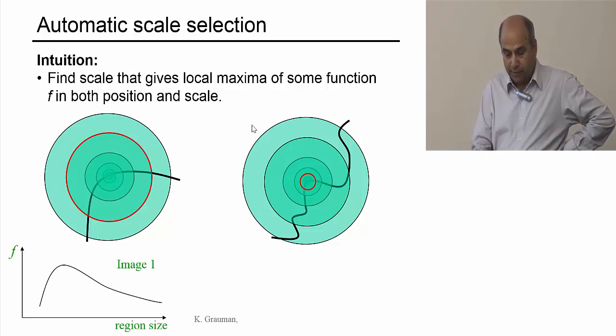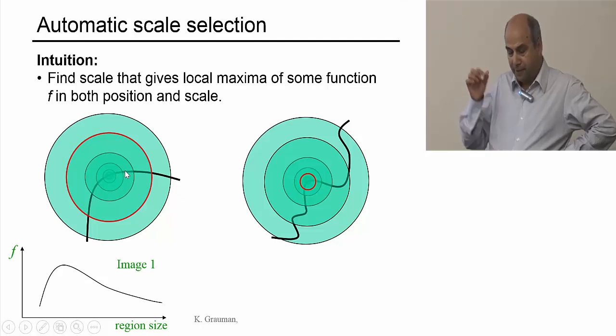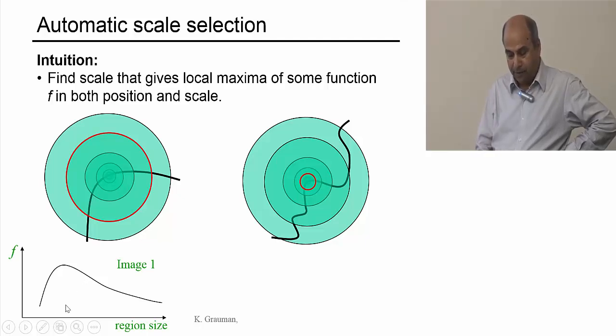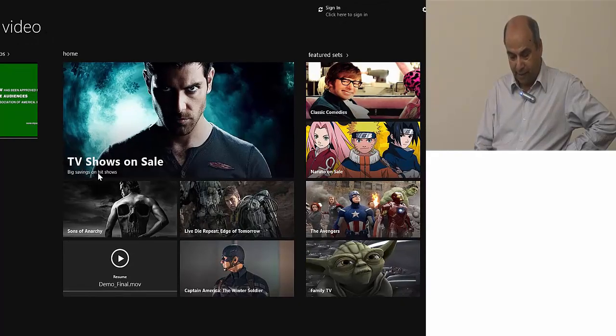It turns out we can find the response at that point using different values of sigma, and we plot those responses. For this one, this is the right scale, shown in the red circle. And for this one, this is the right scale.